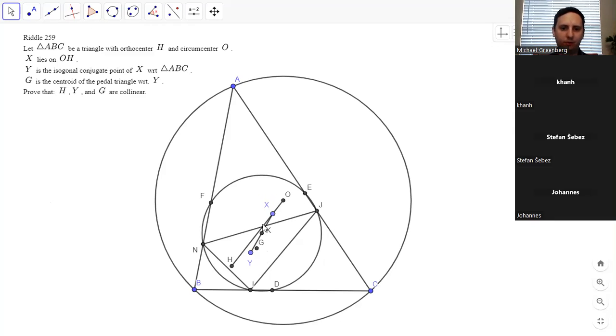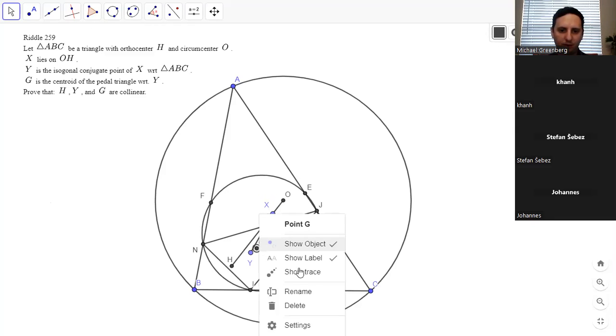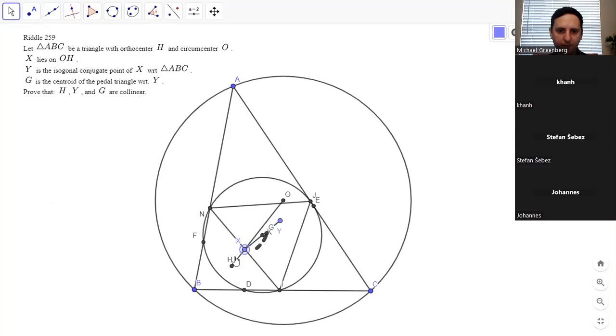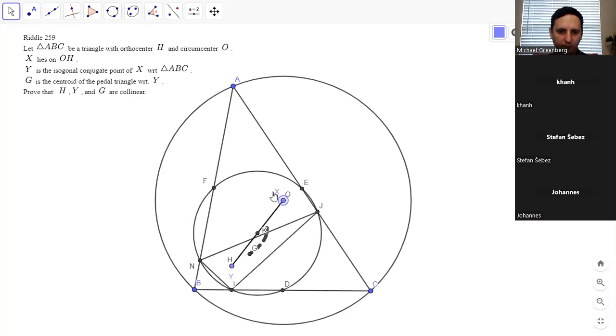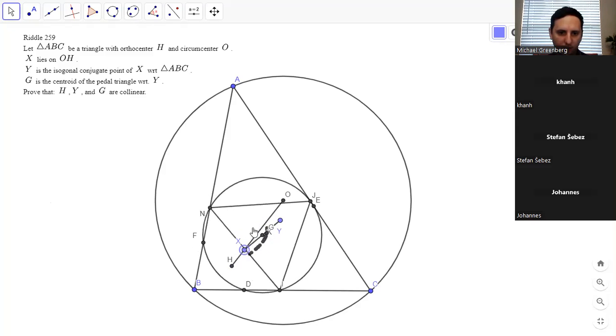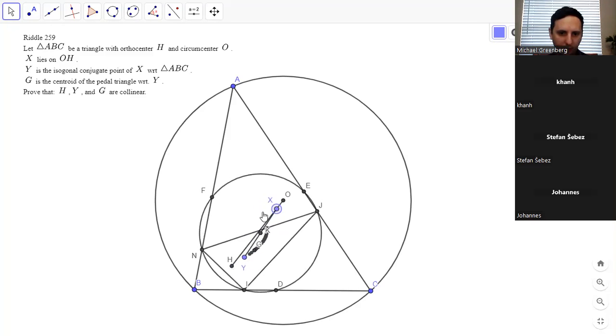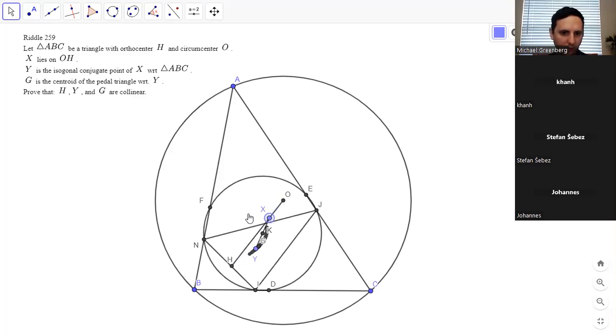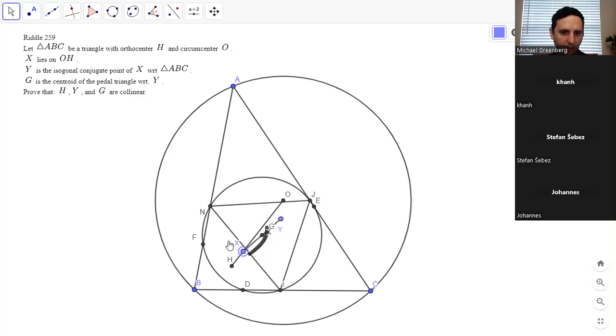If we want to do moving points, we would need to know something about it, right? Let's see. So G, I'm not sure what curve it traces out, or if it's anything. I don't know if this is a hyperbola or something.